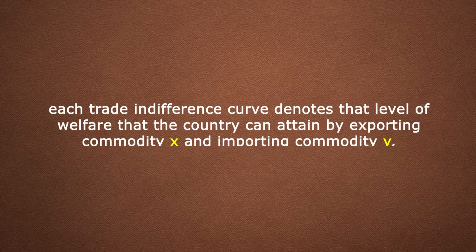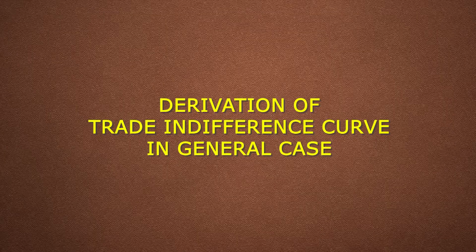Now, each trade indifference curve denotes that level of welfare that the country can attain by exporting commodity X and importing commodity Y, which the country can also attain by consuming various combinations of the two commodities. Let us now analyze the derivation of the trade indifference curve in the general case.